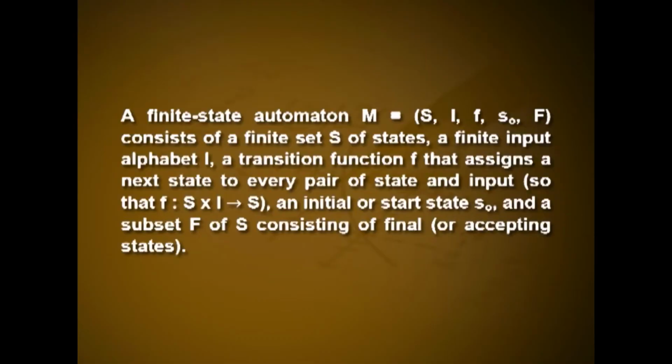Next, the definition: a finite state automaton M equals (S, I, f, S0, F) consists of a finite set S of states, a finite input alphabet I, a transition function f that assigns a next state to every pair of state and input, so that f is a function from S cross I to S, an initial or start state S0, and a subset F of S consisting of final or accepting states.